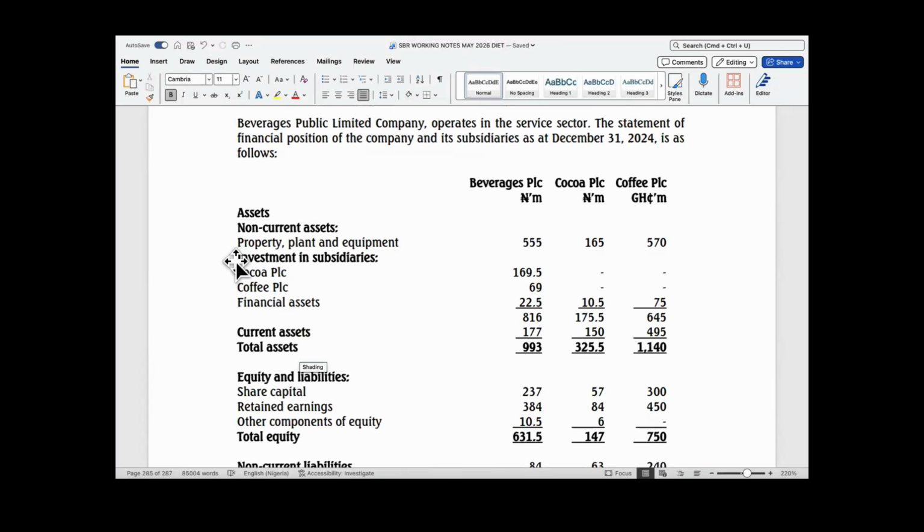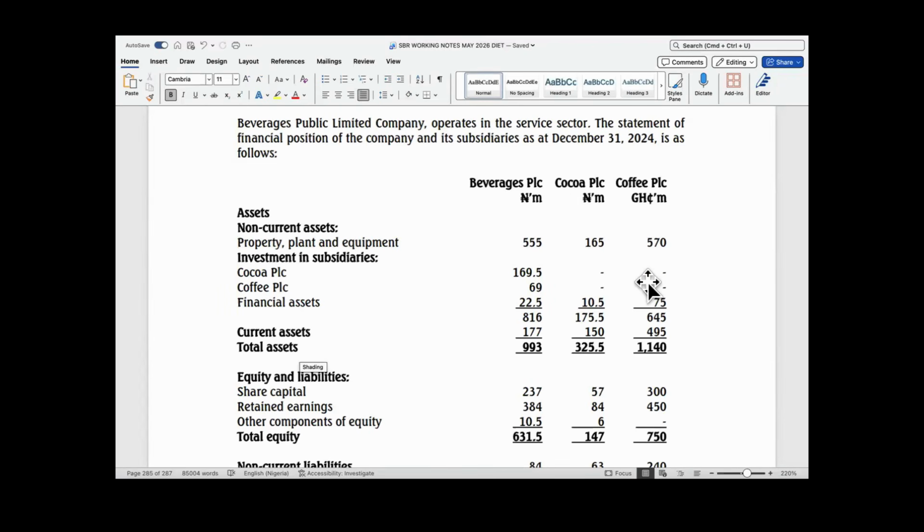Okay, PPE. I can see that investment in subsidiaries. I can see that Beverages invested in Cocoa, 169.5, and it also invested in Coffee, 69. So this is a scenario of fellow subsidiary, because it was Beverages that invested in both Cocoa and Coffee.